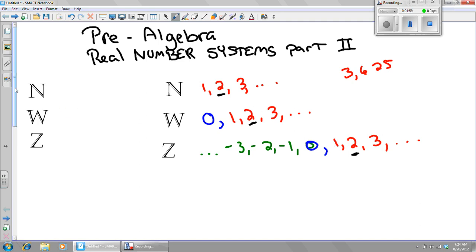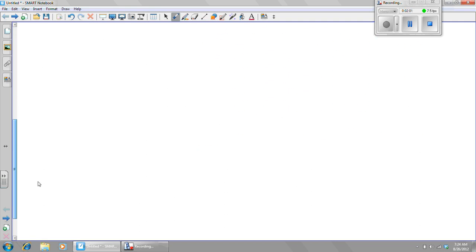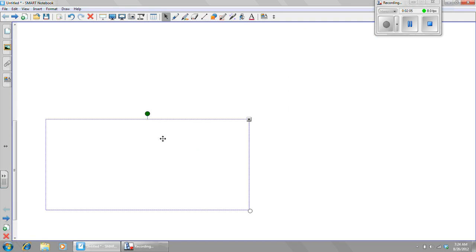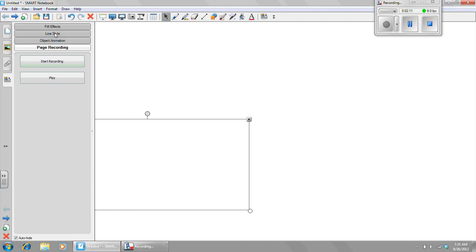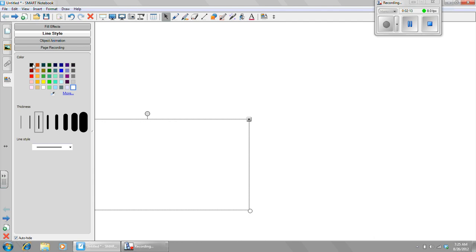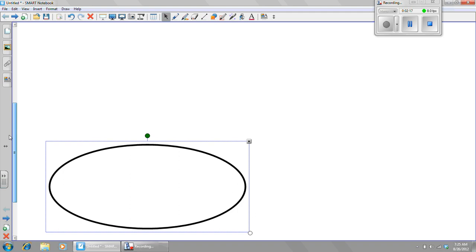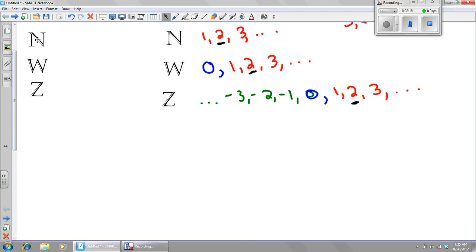Now, to help you get a better understanding of this, sometimes we make a picture. I think I have the right one here. Hold on. Hocus pocus. There we go. We have a little circle or an oval, and that oval will be for our natural numbers.